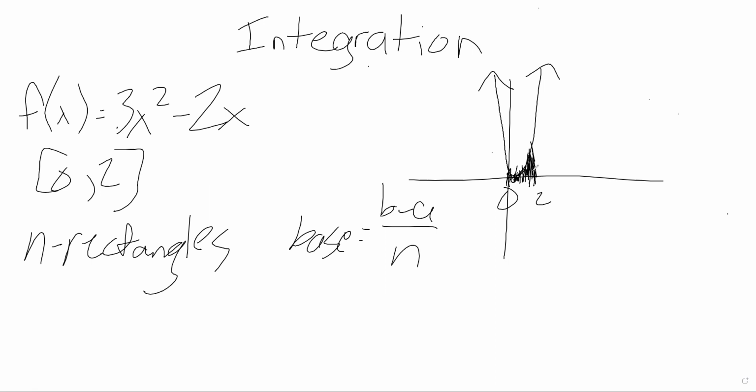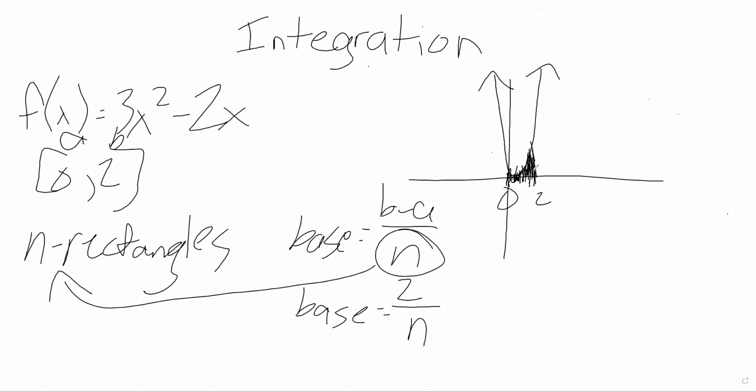Your b is 2, your a is 0. Your base would then be 2 minus 0, so I'm just going to leave it as 2 over n. And we can actually use n this time because we have no specified number of rectangles. Before we had 4 rectangles, so n was just 4. This time we have n, so we're going to leave it as 2 over n. So that's our base width.